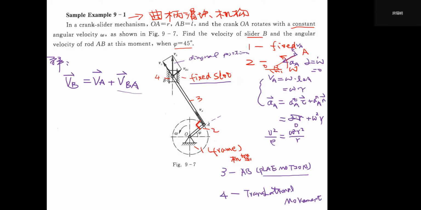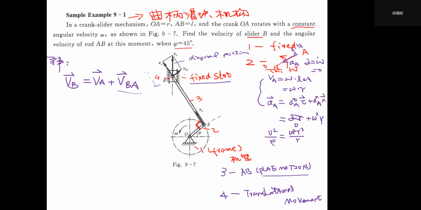Otherwise, if you draw VBA like this, you cannot constitute a parallelogram with VB at the diagonal position. You can find it's not correct, because given the guidance, VB must be along this vertical direction.